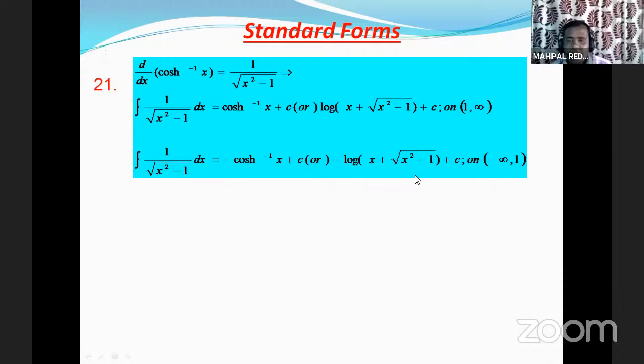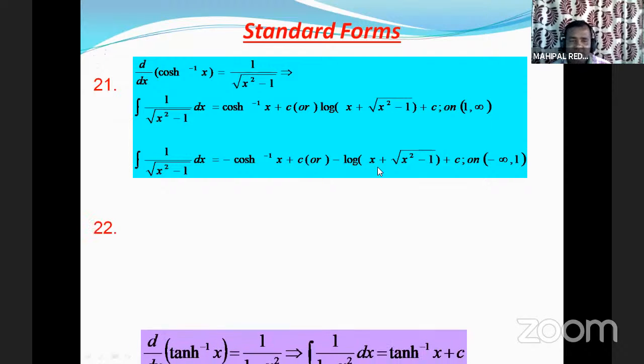When the domain is minus infinity to 1, the sign is different: 1 to infinity is plus cos h inverse of x, and minus infinity to 1 is minus cos h inverse of x or minus log of x plus under root of x square minus 1.